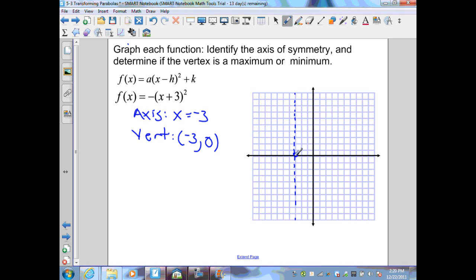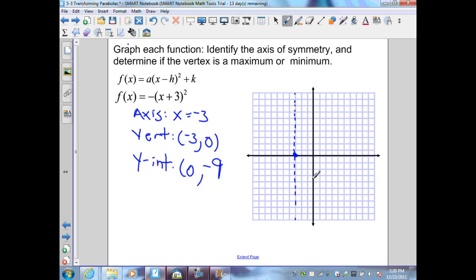And if I was just moving my parent function, which would initiate at the vertex at 0, 0, I would just move it 3 units to the left. My y-intercept is found by letting x be 0, so I substitute 0 in for x. When I do that, 0 plus 3 is 3 squared is 9, but that makes it a negative 9.